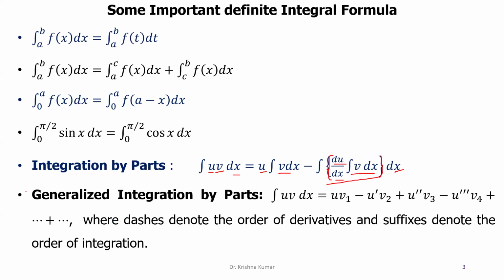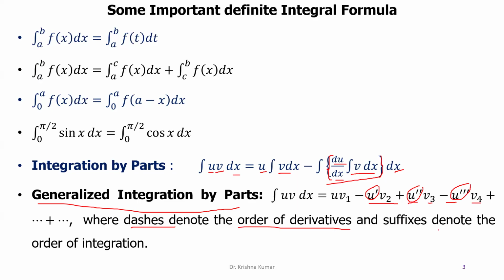The next thing is the generalized integration by parts. It can be written as integration of uv with respect to x, which is equal to u into v1 minus u dash into v2 plus u double dash v3 minus u triple dash v4, and so on, where dashes denote the order of derivatives. One dash means the derivative is taken one time, double dash means double derivative, and triple dash means triple derivative.